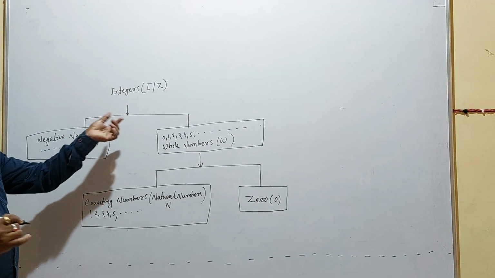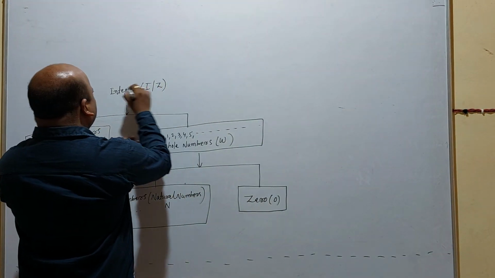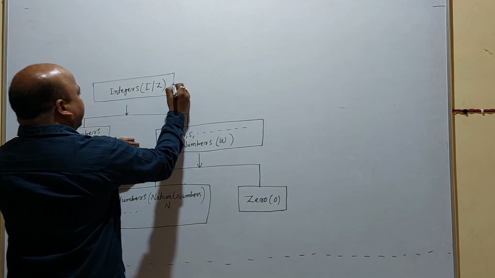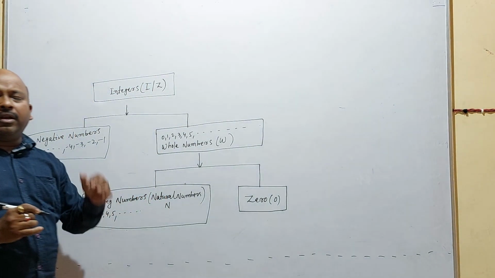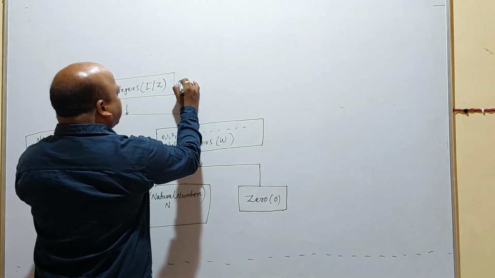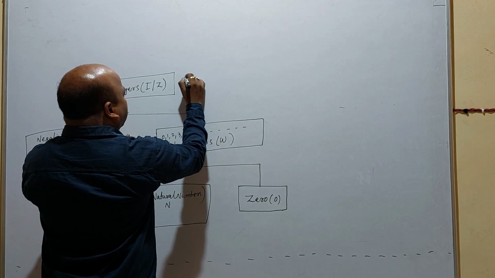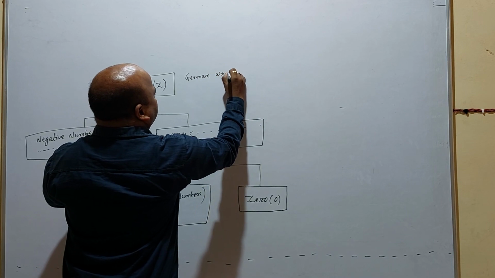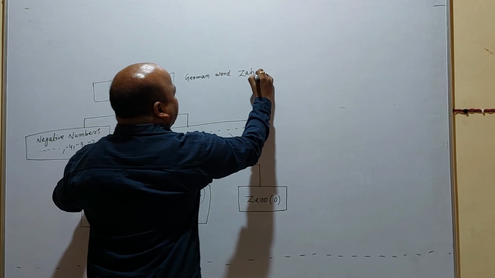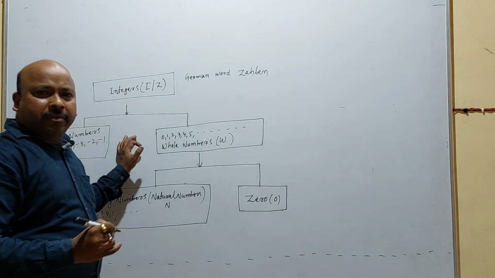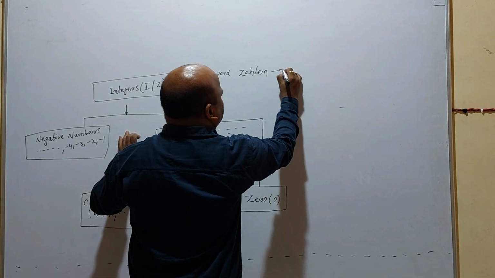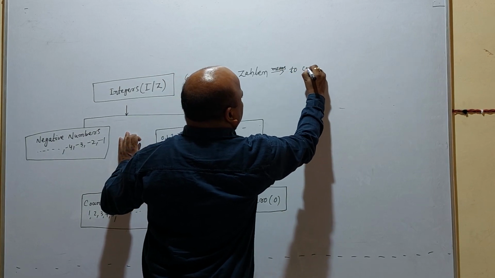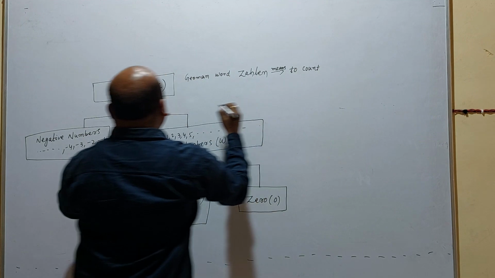Okay. So the letter Z comes from the German word Zahlen, which means to count, right?